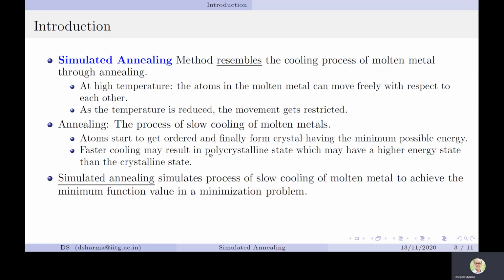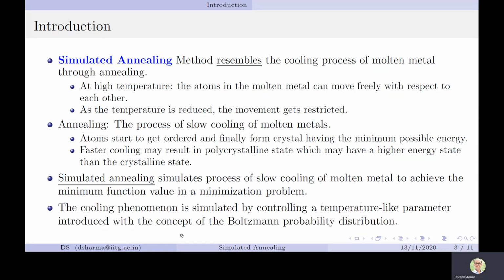So simulated annealing simulates the process of slow cooling of molten metal to achieve the minimum function value in a minimization problem. As you can see, the internal energy, or the potential energy which we talk about in the annealing process, will be used for minimizing the function, so that it can be used for an optimization task.